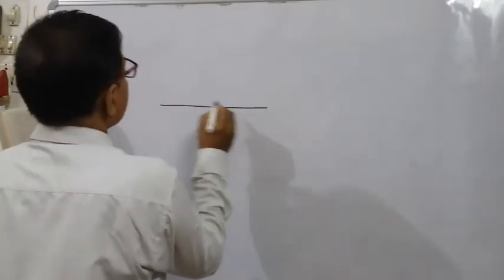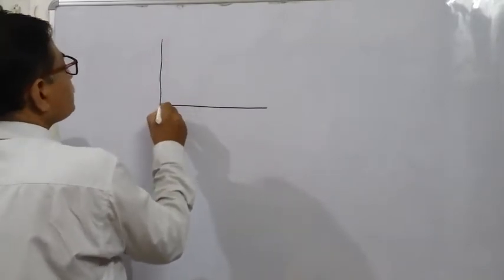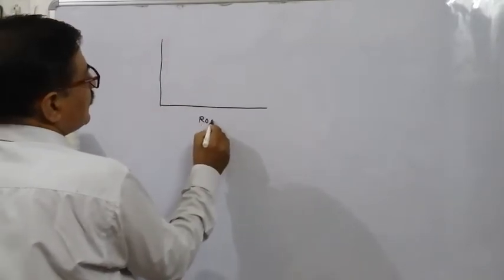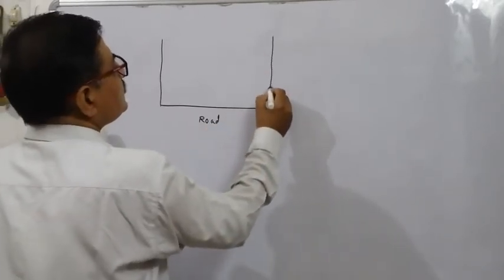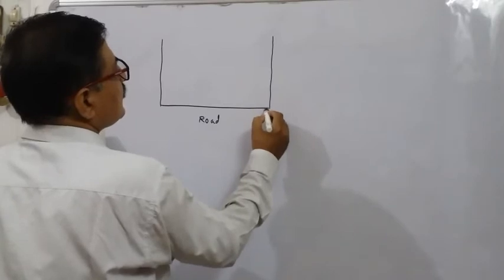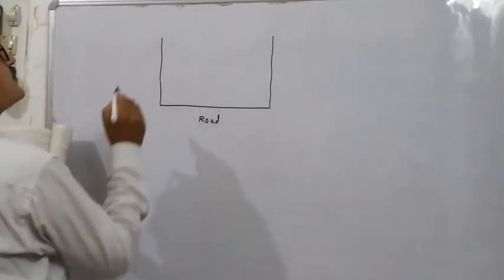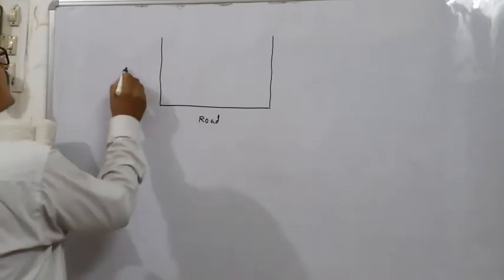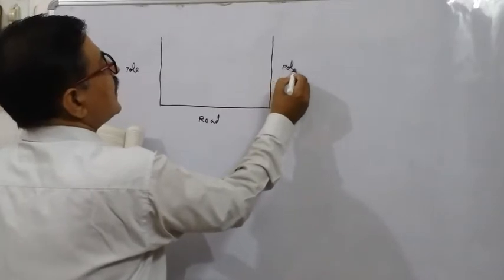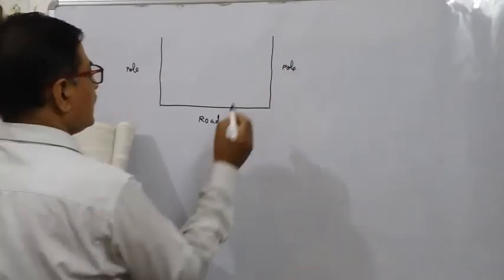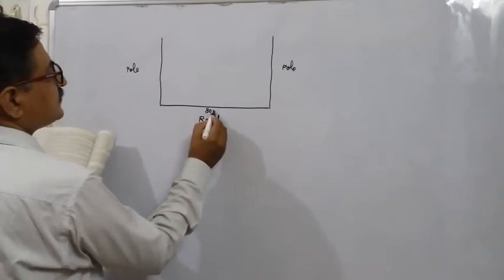This is the road and these are the poles, of equal heights. The distance between them is 80 meter.